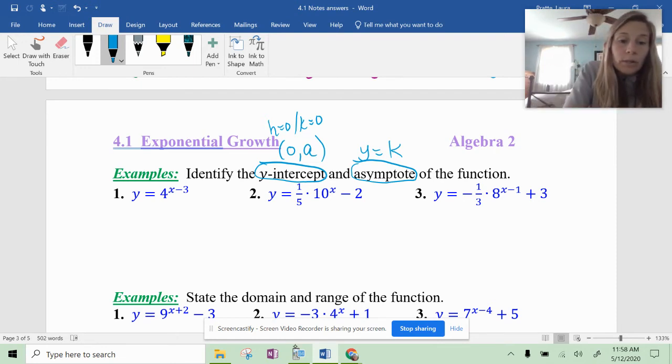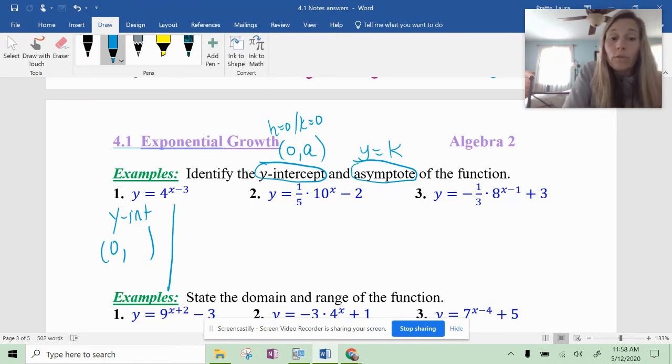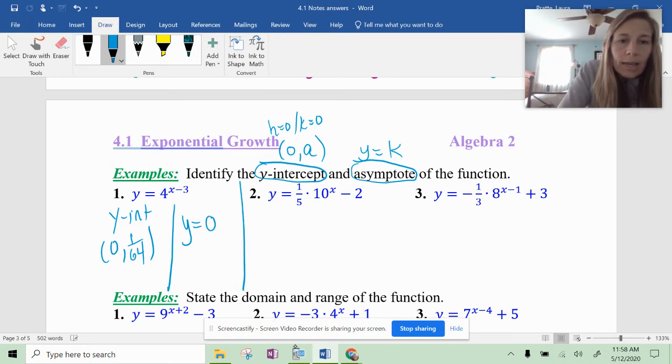So for this one here, to find my y-intercept, I'm just going to plug in the 0. So then it's really 4 raised to -3. And then 4 raised to -3 is really 1/64, or the decimal. The asymptote is just y equals, in this case, 0, because the k is 0.